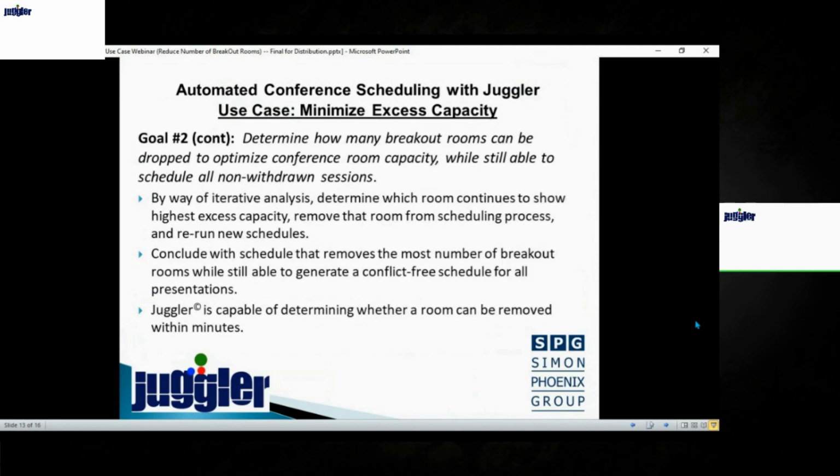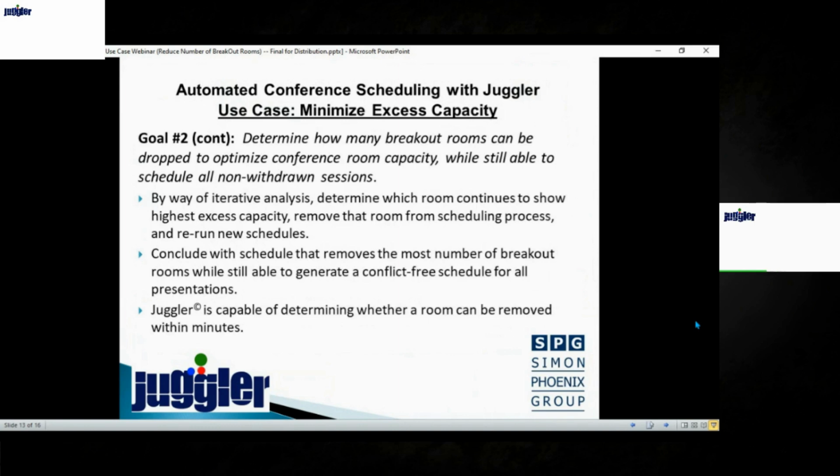So as you can see, this is becoming an iterative analysis, determining which room, once a new schedule is generated, which room or rooms continue to show highest excess capacity, remove that room from the scheduling process, rerun new schedules, and then at the end of each rerun of a new schedule, determine whether all of the non-withdrawn sessions can be scheduled, or whether too many rooms have been removed and there's not enough room capacity in the schedule to support those presentations that haven't been withdrawn.